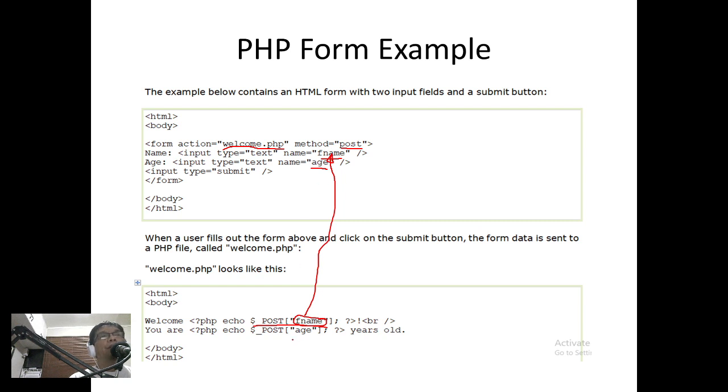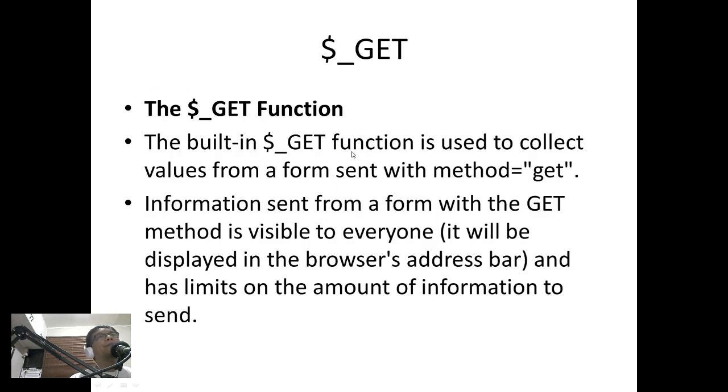And the same with age, also the name we have given in our form for the text box. So this will display the welcome message with the name you entered, and then the age will be displayed. Again, what is important here is the use of the action and the method.